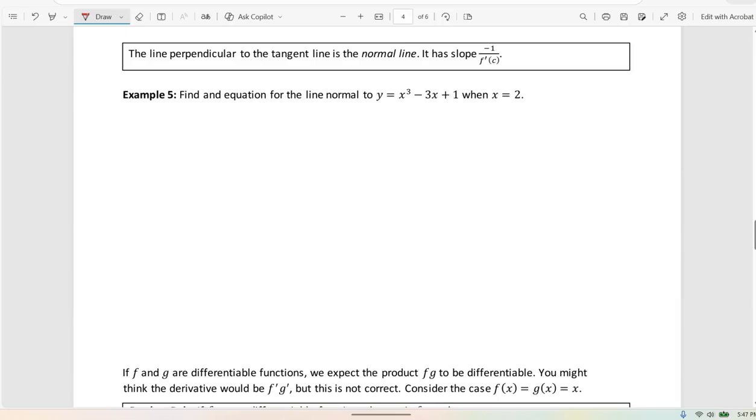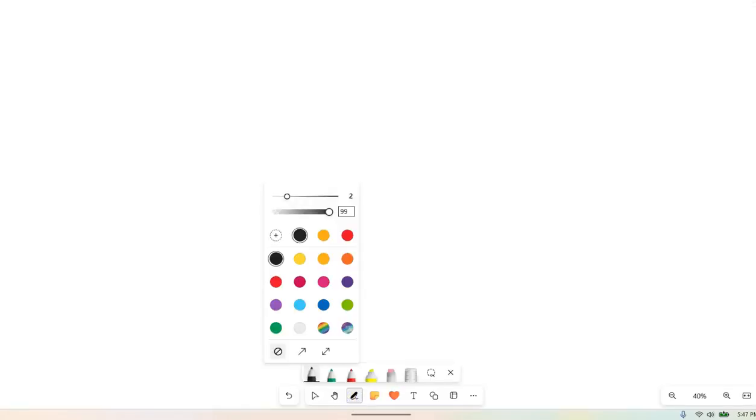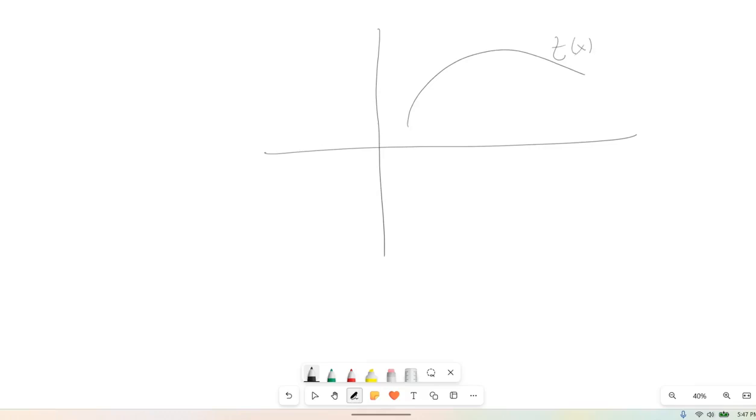Next question, it's asking, find an equation for the line normal to the curve. Normal means not tangent, perpendicular. So let's look at the graphical representation of it. If we have a random graph, let's call it f of x, then at any point, this line is called tangent.